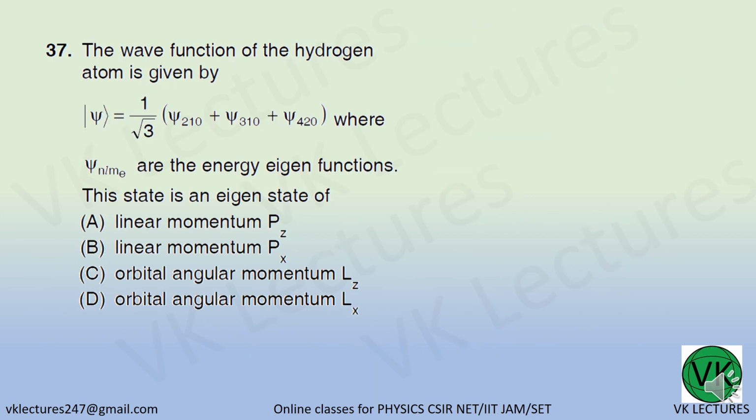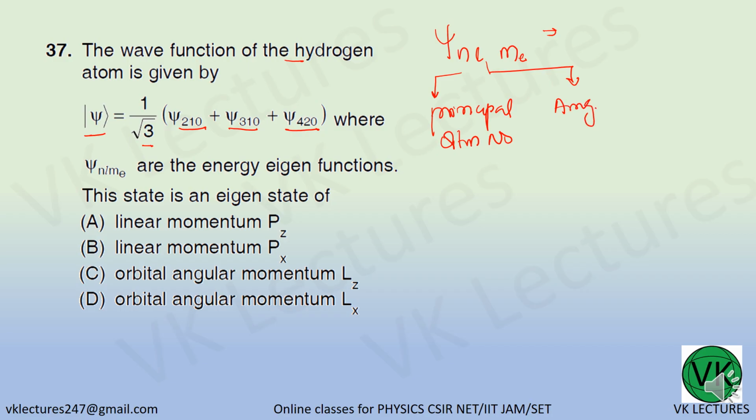The wave function of the hydrogen atom is given by psi is equal to 1 by root 3 (psi 210 plus psi 310 plus psi 420), where psi n, l, m_l: n stands for principal quantum number, and L stands for angular momentum quantum number.